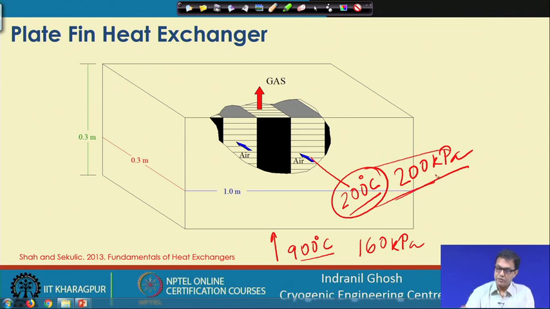Now we know the temperature and pressure, so we should be able to find out the inlet density of the air and the gas.